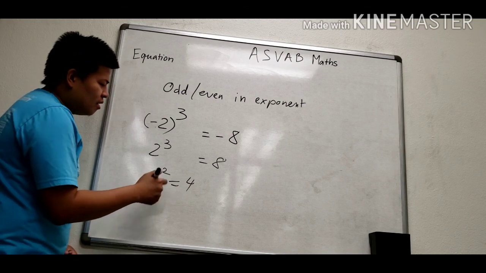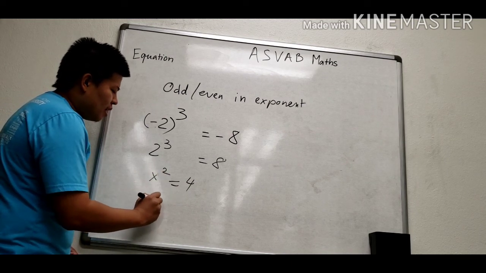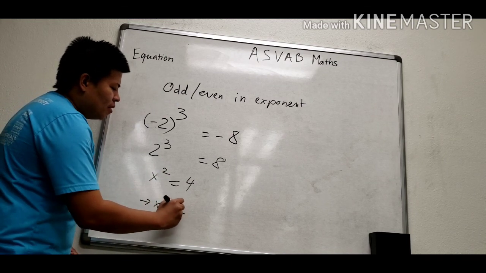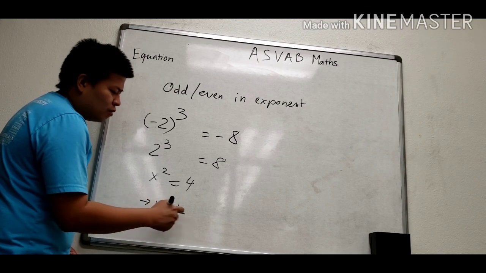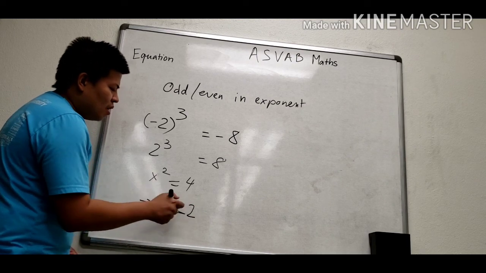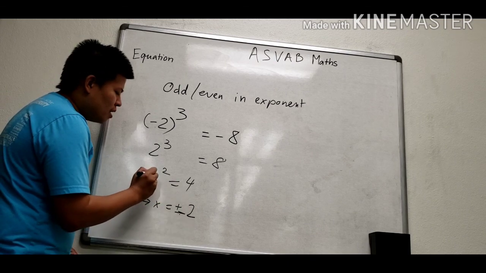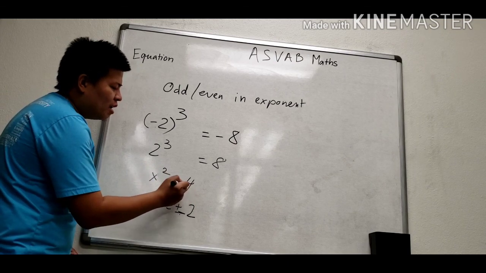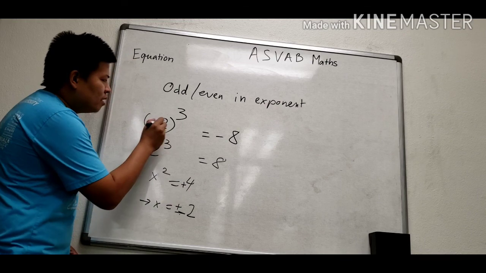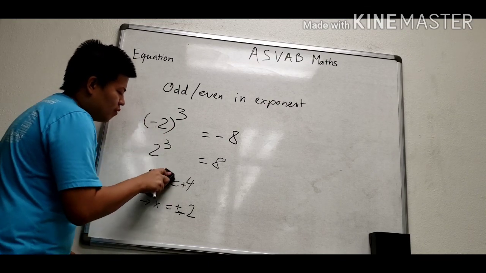So when we calculate the equation like this, s power 2 equal 4, just like I did, then we become s equal to positive and negative number. That is true, because the negative 2 in the even power provides the positive number.